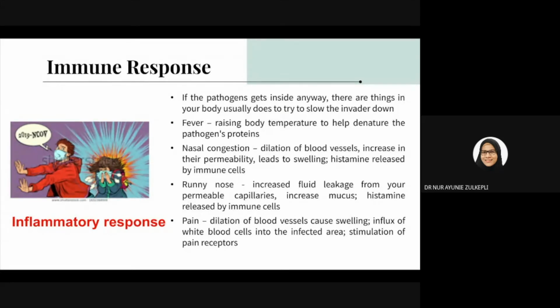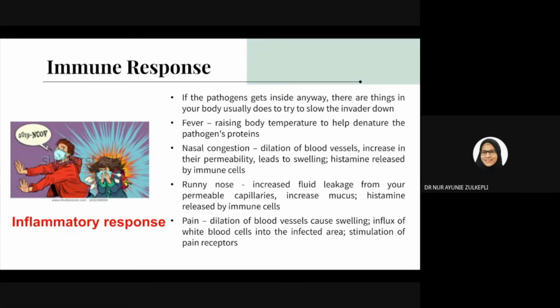Once our body recognizes it, what is our body's reaction? Sometimes you will have fever, because the raised body temperature will help to denature the pathogen's protein. So once your body recognizes the pathogen, it will increase our body temperature directly to help denature the pathogen's protein.